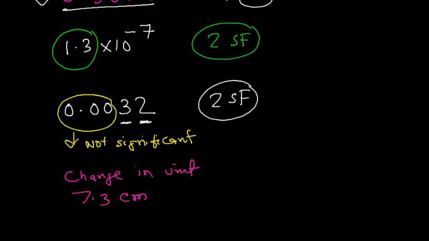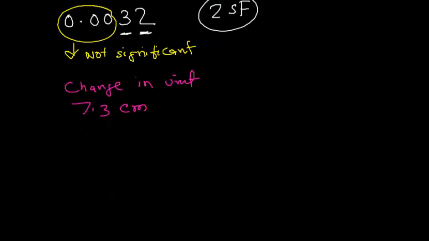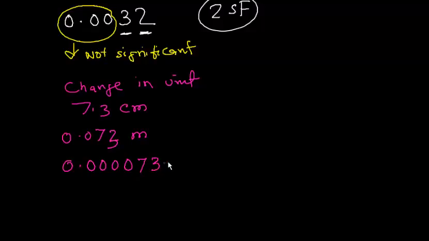Suppose I am saying 7.3 centimeter, but we know it very well, it can be written as 0.073 meter, or it can be written as 0.0000073 kilometer.